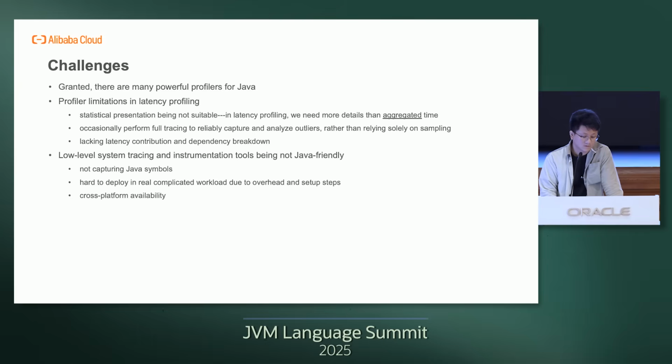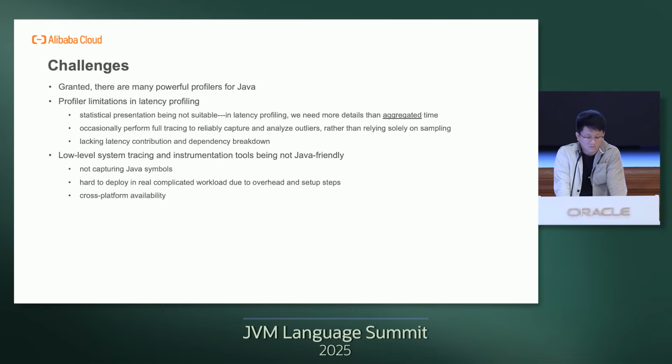Actually, profilers might have some limitations in latency profiling. First of all, perhaps the statistical representation is not very suitable for latency profiling. In latency profiling, we need more details than the aggregated time that most profilers use.